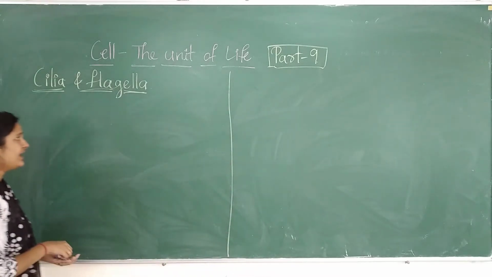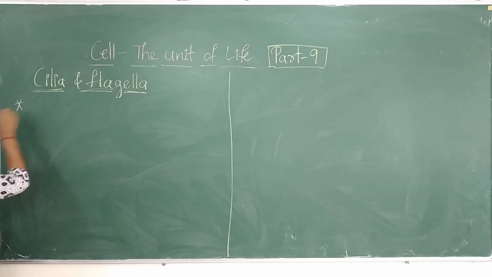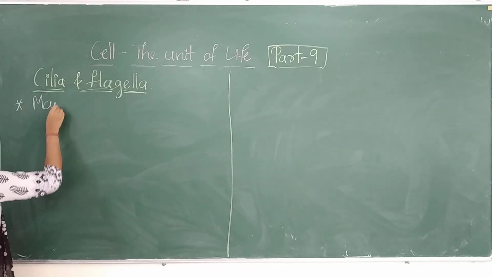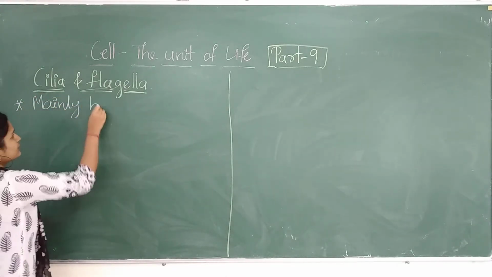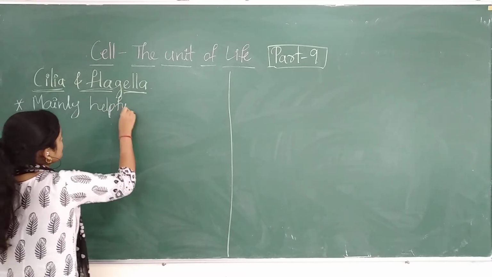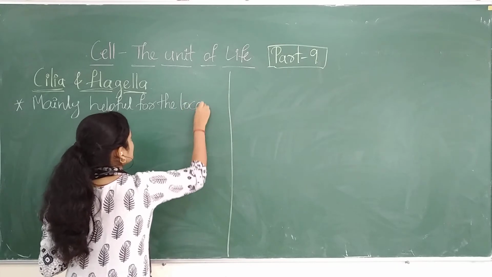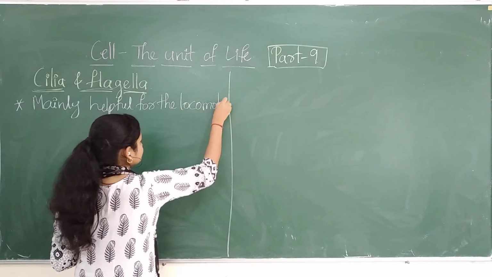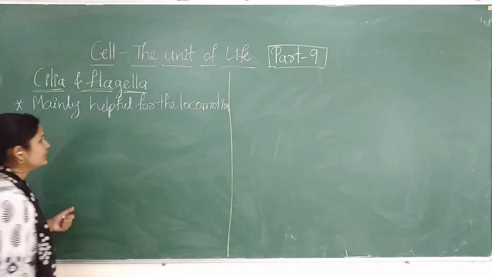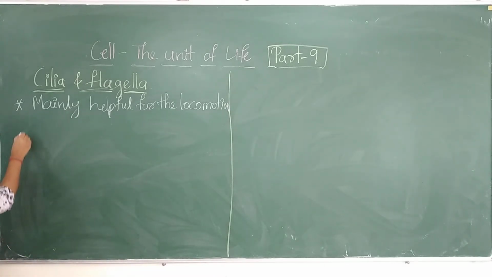So cilia and flagella are mainly helpful for locomotion.